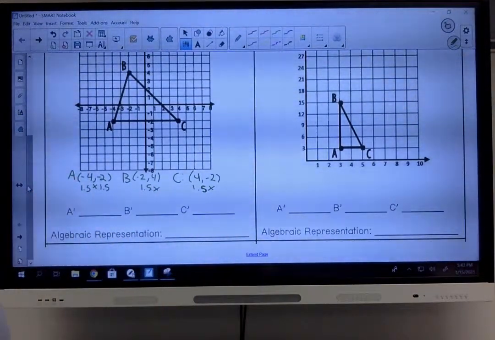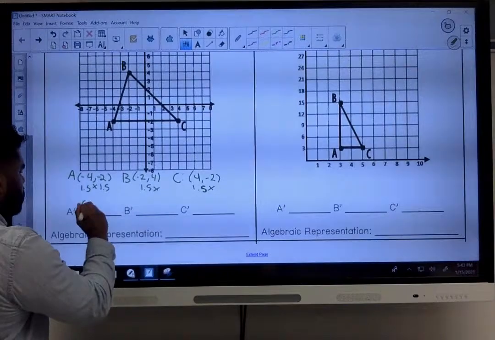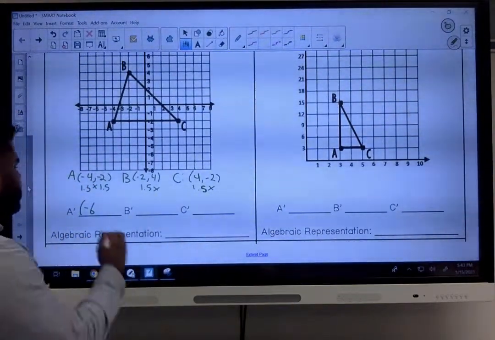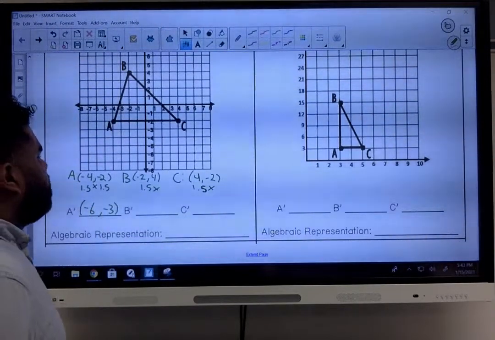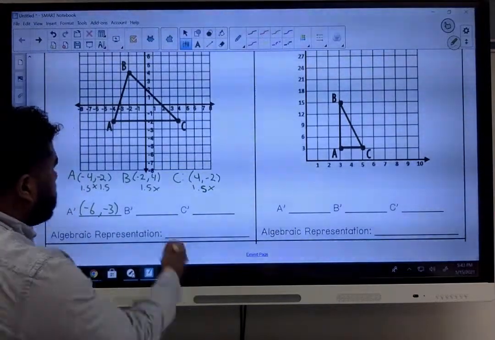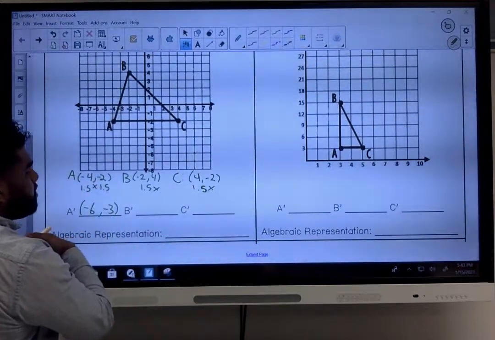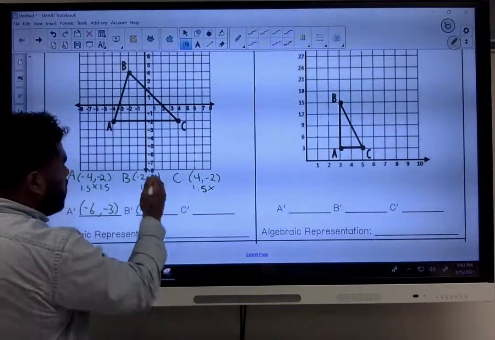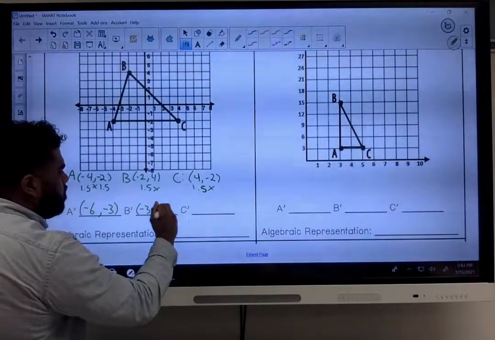So -4 multiplied by 1.5 gives me -6. -2 multiplied by 1.5 is -3. For B, -2 multiplied by 1.5 is -3. Now 4 times 1.5 is going to give you 6.